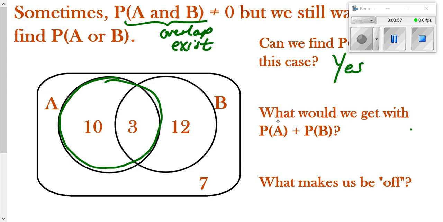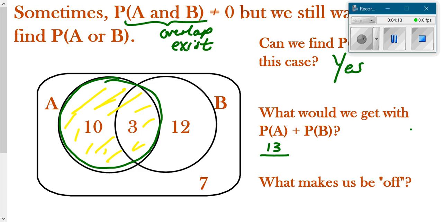So if I were to just find the probability of A, I'm looking here at circle A. You might remember we had a lesson where we shaded in different parts of the Venn diagram, right? So if we were to just color in group A, we can see that that's 13 out of our total. Our total's 32.